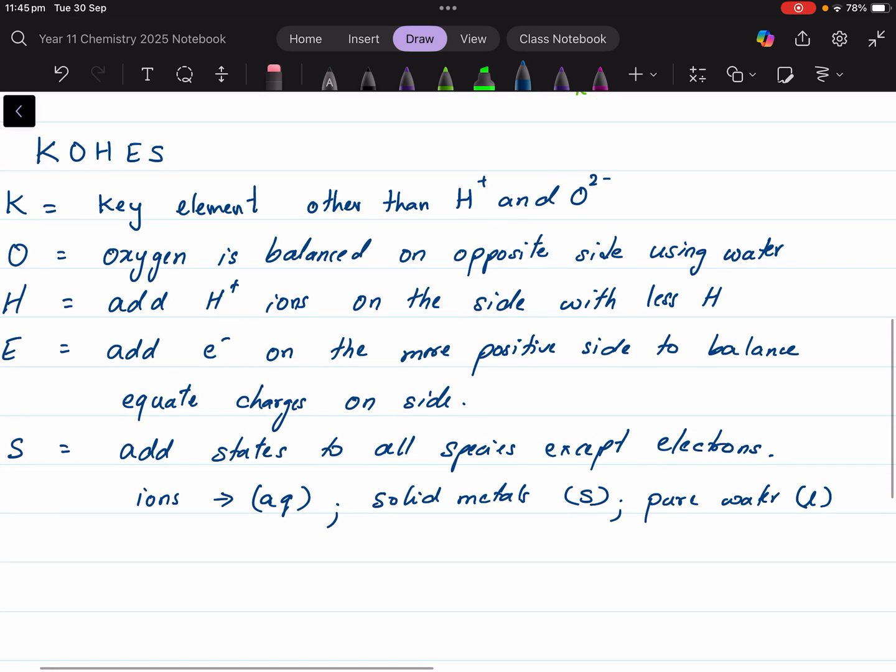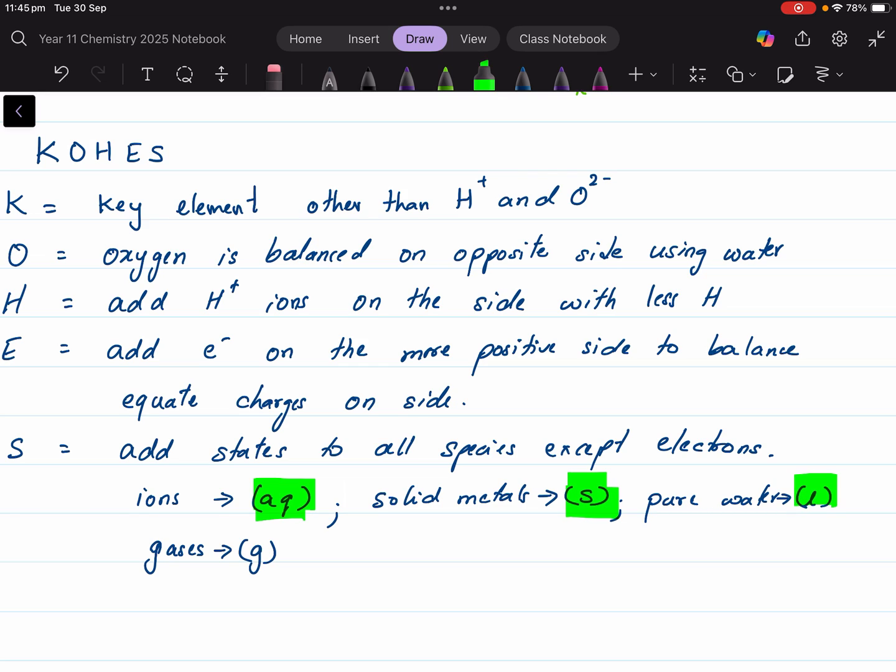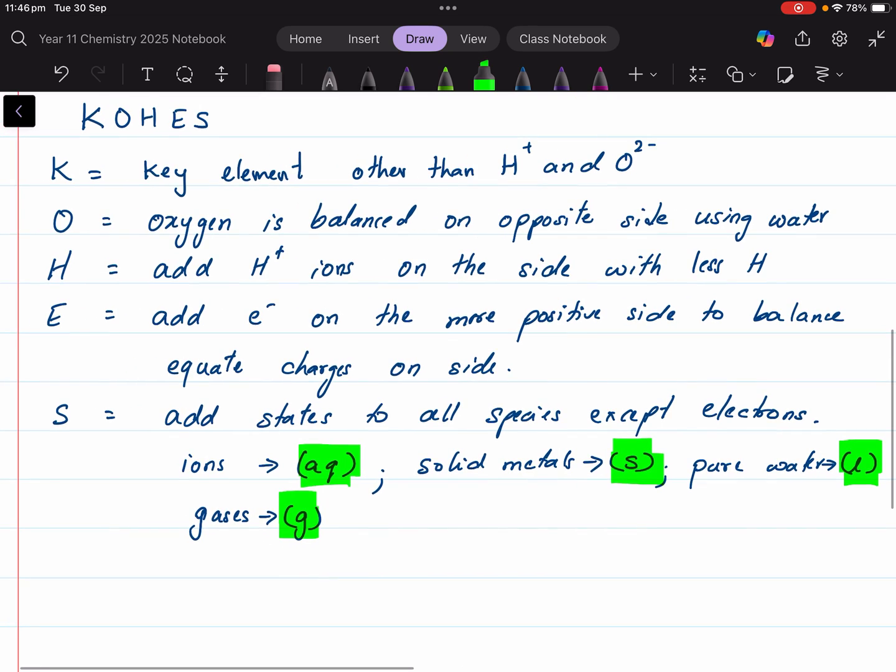So taking note that ions will be aqueous, solid metals will be S, pure liquids will be L, like water, and gases will have a G state.